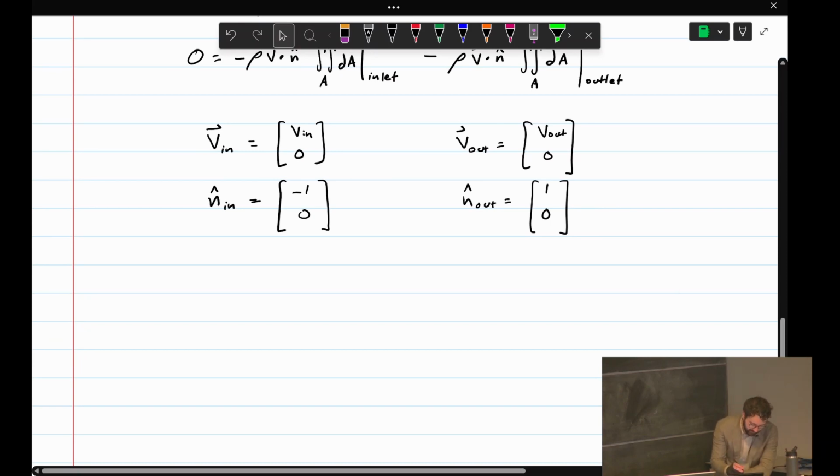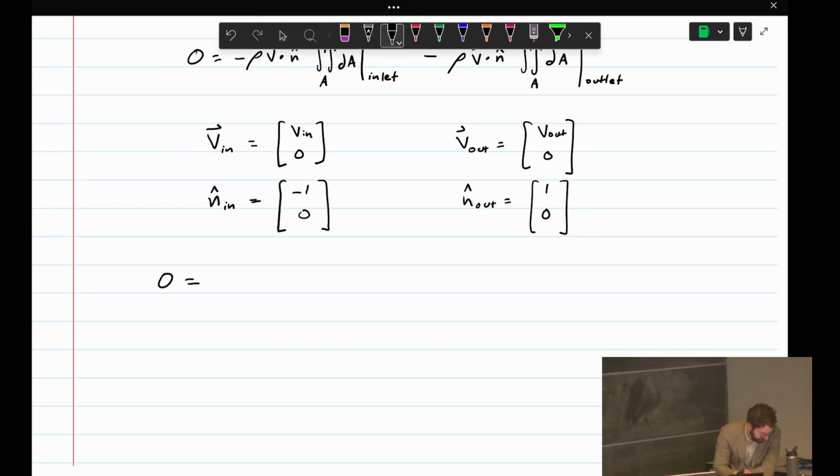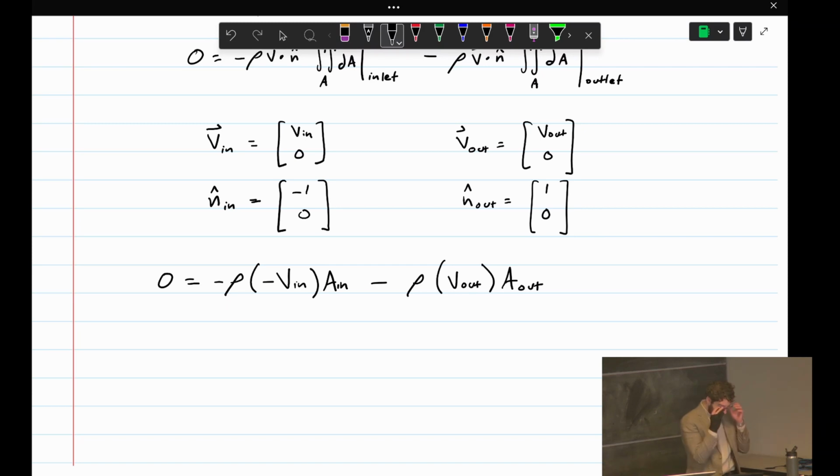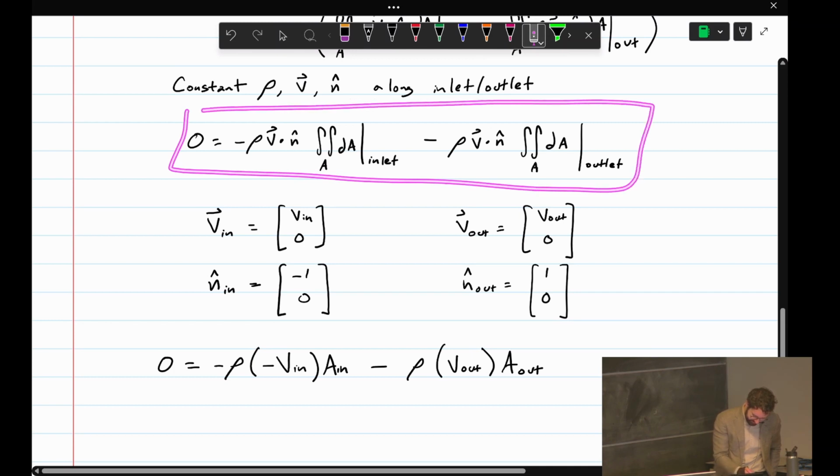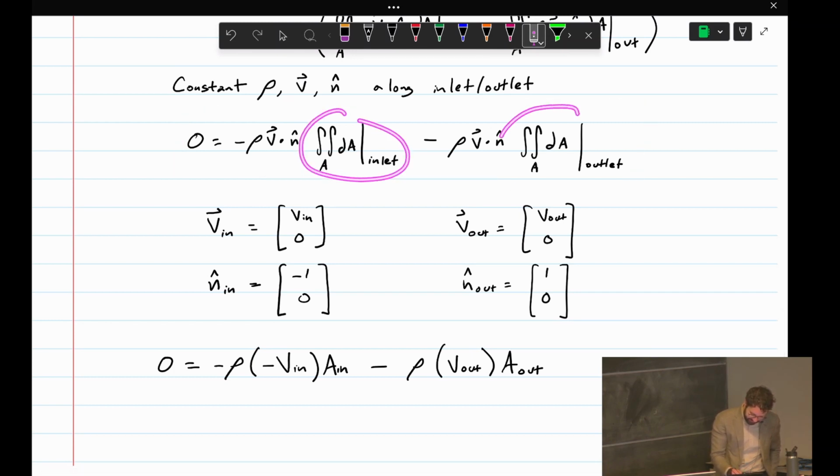So we're going to get 0 is negative rho. That dot product will be negative Vn, because V dot n here is just negative Vn, times An, minus rho V out, A out. So I've gone from this line, evaluated these area integrals as just A out and A in, and then this dot product, I showed you exactly what those vectors are here.